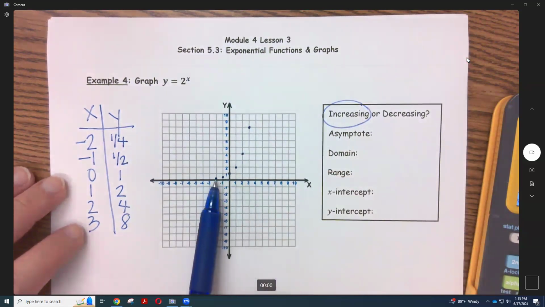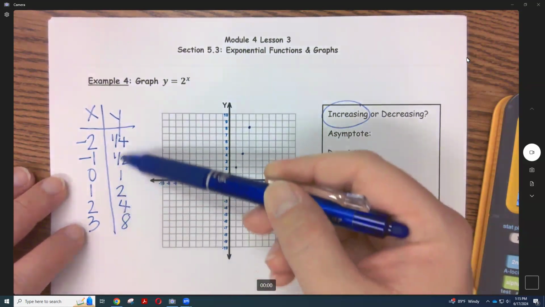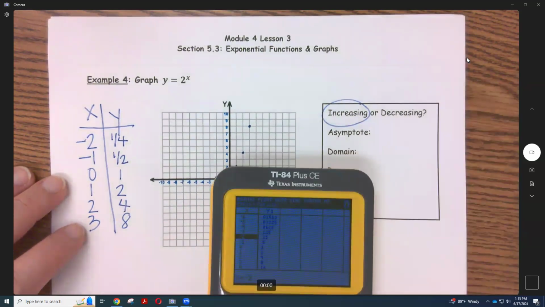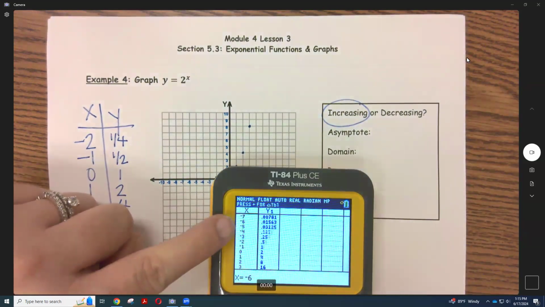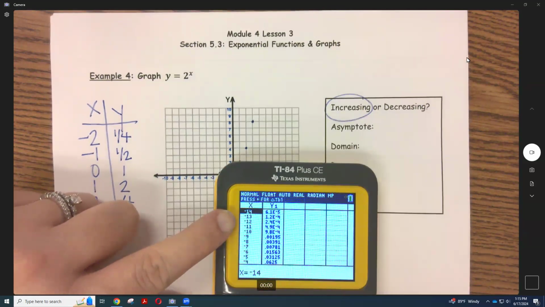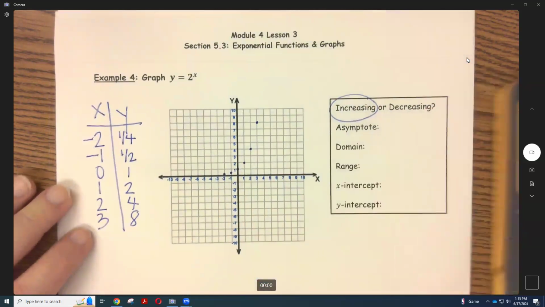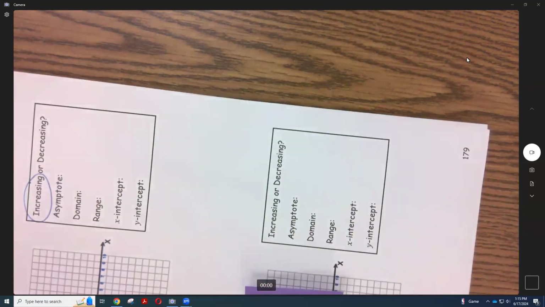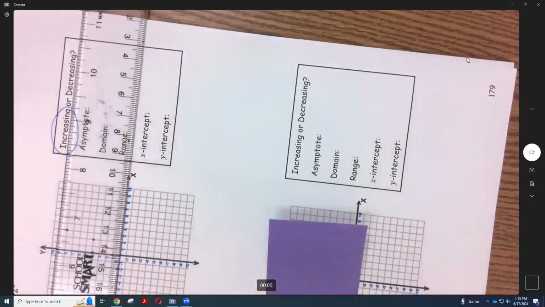If I go the opposite way, these are all getting cut in half. These numbers are getting smaller and smaller, to where it's in scientific notation, because they're getting closer and closer to 0. So we have a horizontal asymptote right here on our x-axis.